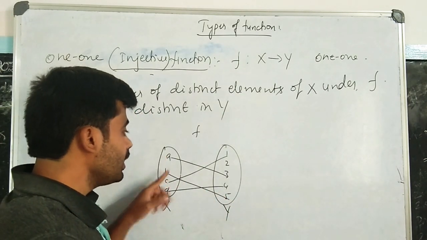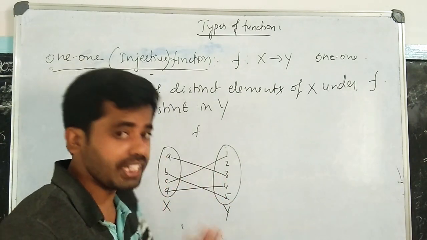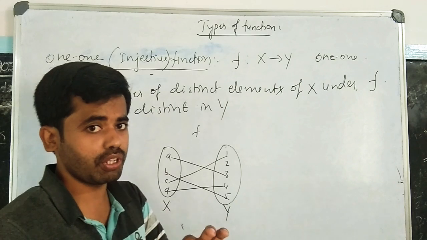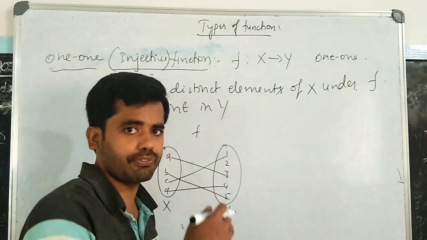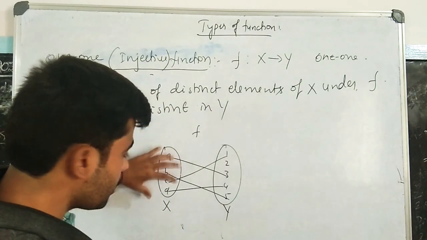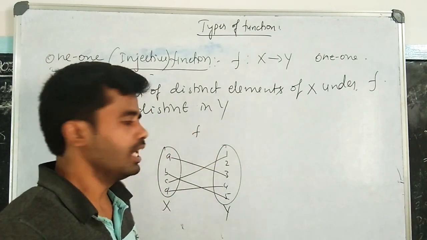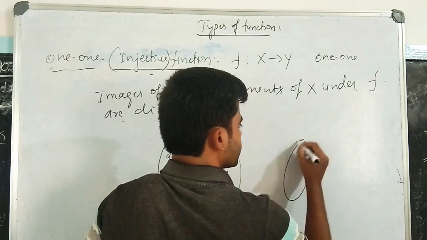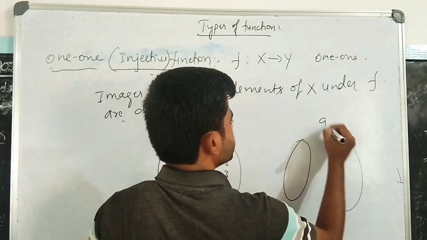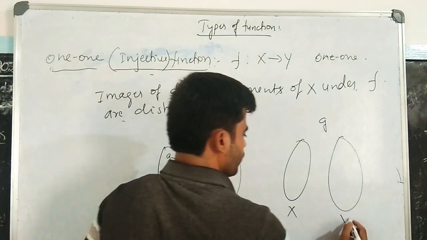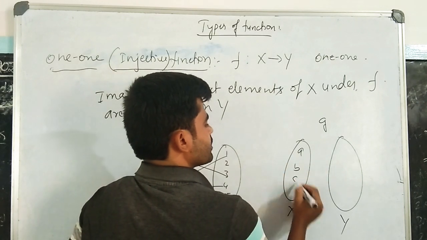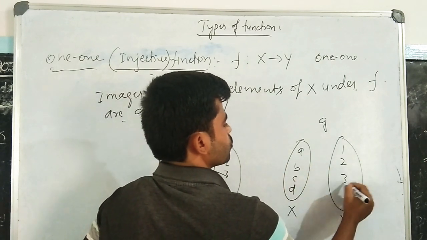If A and B have the same image, that is not one-one. Let me say one more function, g, from X to Y, with a, b, c, d and 1, 2, 3, 4, 5.